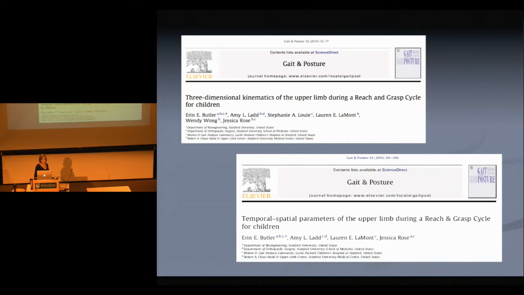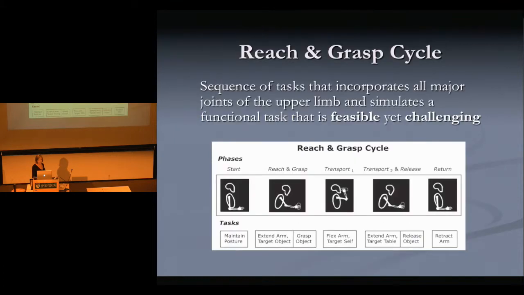So the first objective was a combination of two papers, kinematics and temporal spatial parameters of the upper limb during a reach and grasp cycle. We developed the reach and grasp cycle based on a review of observational clinical tests.